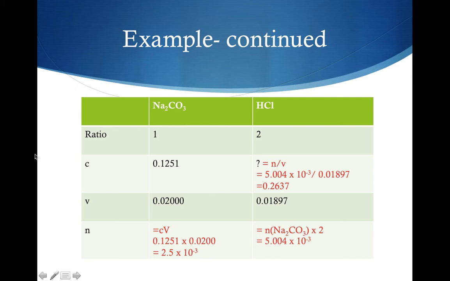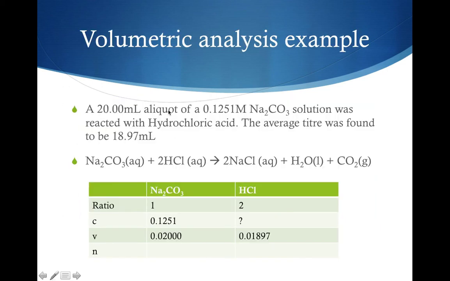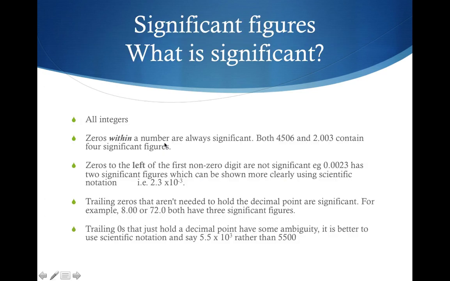Okay, so this one is significant because all integers are significant, and all zeros after it, if they're after a decimal point, are also significant. So that's also 4 sig figs. And this number here is also 4 sig figs. So they're the 4 numbers that we were given in our question. So zeros within a number are significant.